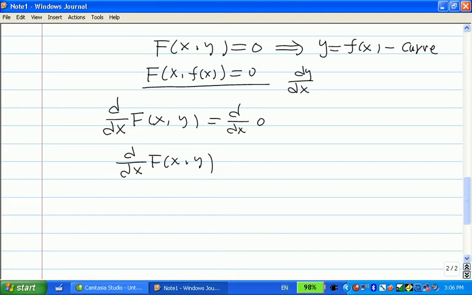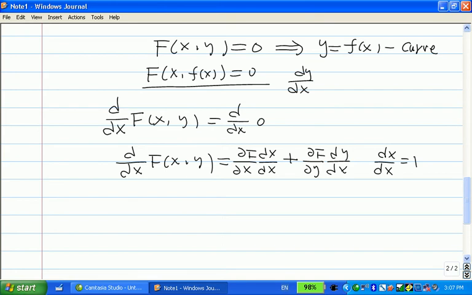My capital F depends on x and y, but y depends on x. So use the chain rule. This will give you partial f with respect to x dx dx plus partial f with respect to y and dy dx. And dx dx gives you 1.